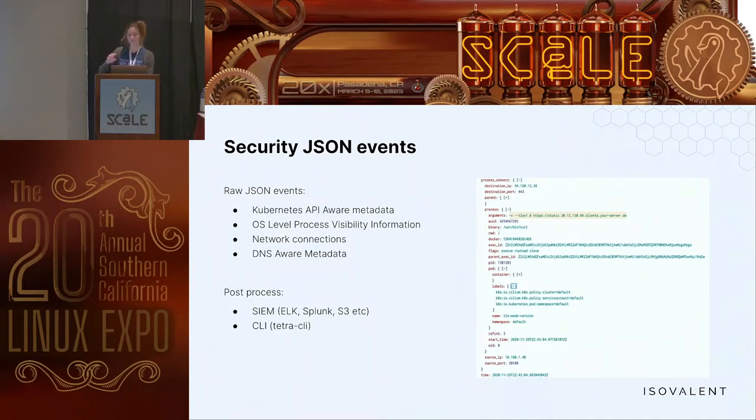It also includes network connection data like source IP, destination IP, the ports, and in some cases DNS server metadata. And then for post-processing, you can either ship it to a SIEM system, whatever you have, or you can observe these events via CLI, which is more visual. That's what I'm going to do in the demo.